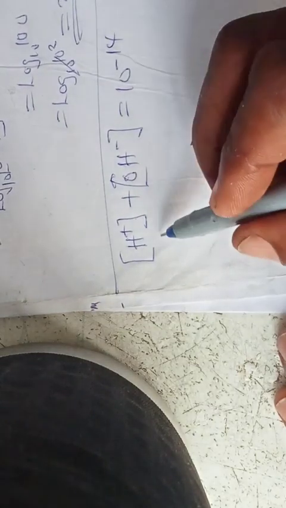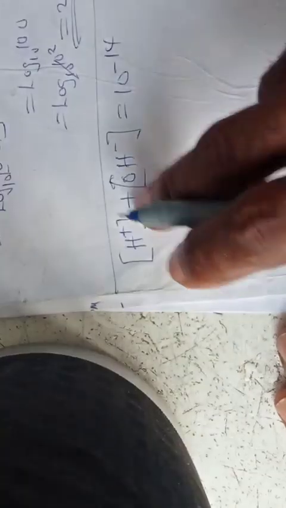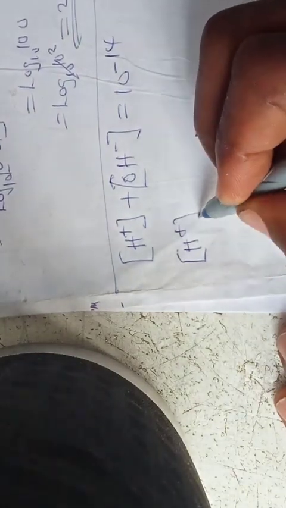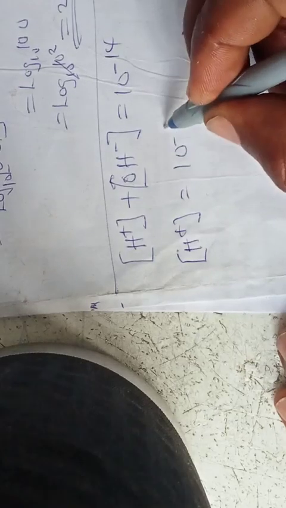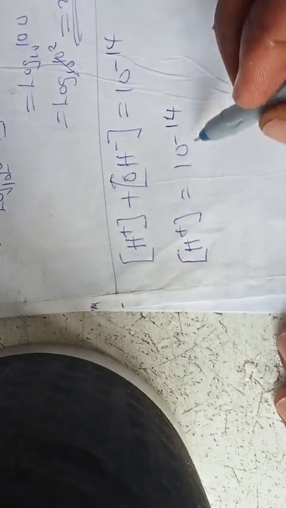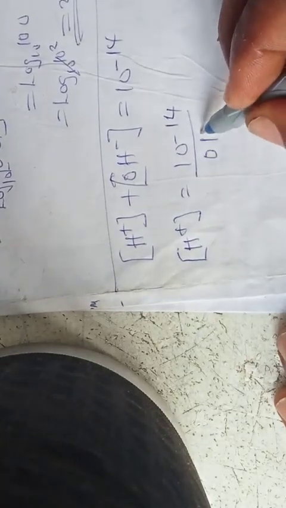Some of you will ask why I didn't transfer this to this point. I could have done that, but in this question we always do this in this format. So this is equal to 10 raised to the power of minus 14 divided by the hydrogen ion.